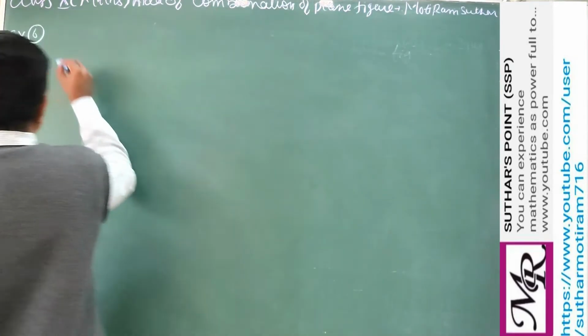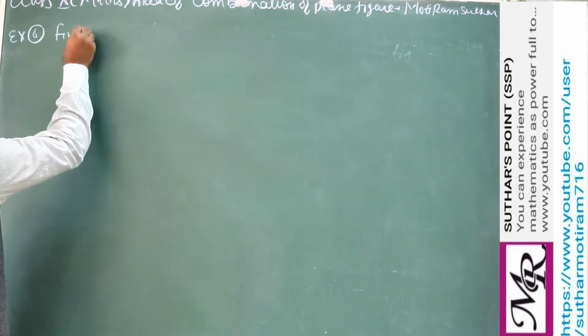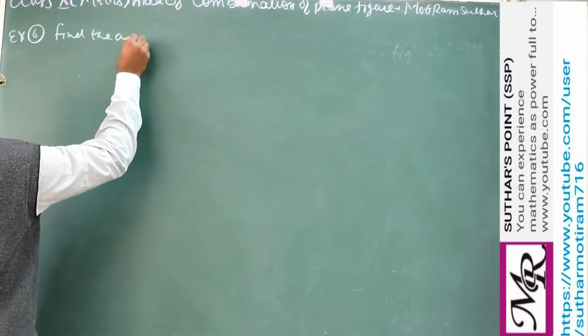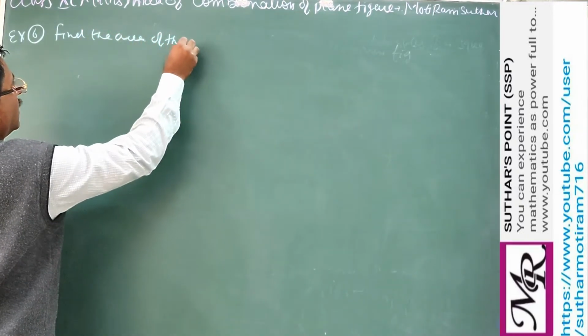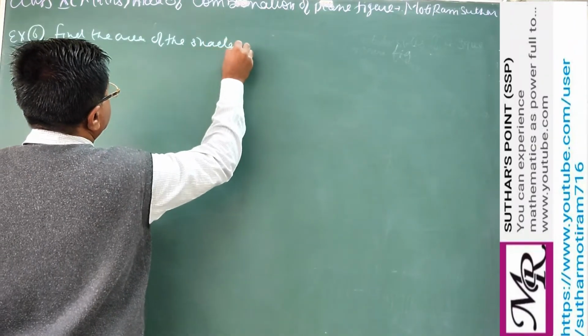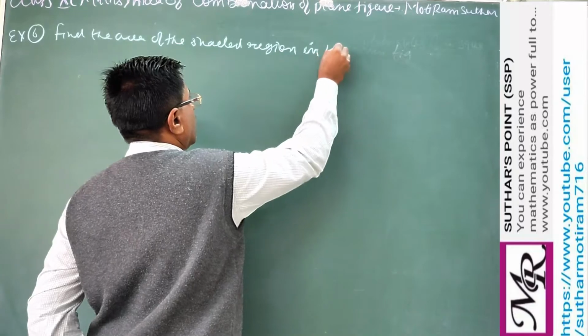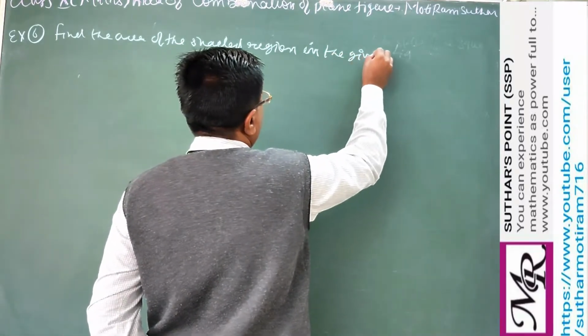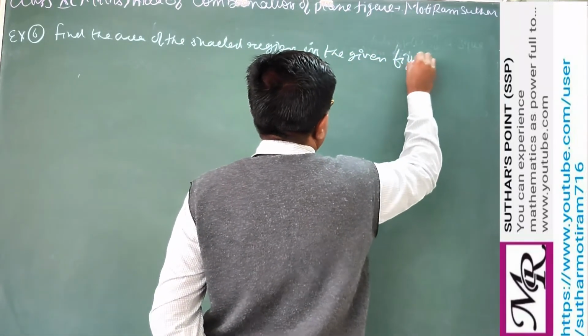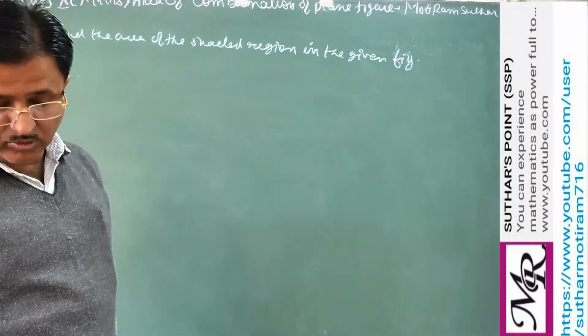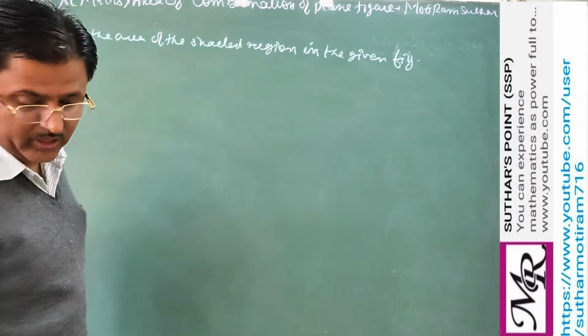Find the area of the shaded region in the given figure. We are given a figure and the shaded portion, which we have to find.